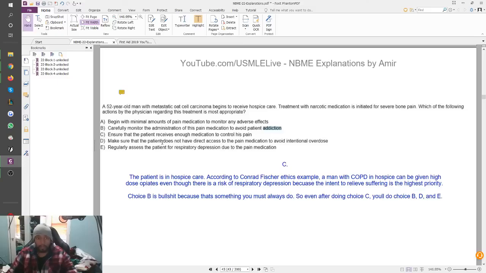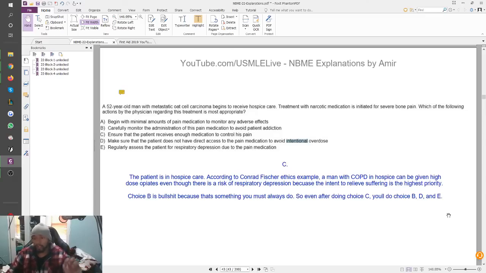The next one, make sure that the patient does not have direct access to the pain medication to avoid an intentional overdose. Again, this is something that's really weird, right? And it feels a little weird to say it. It feels maybe even harder to accept it. But the truth of the matter is, if he decides to intentionally overdose and kill himself, that's something that he would decide to do, and you really can't safeguard him from doing it.